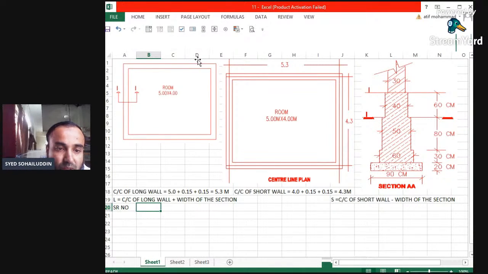So we will have some more here. First we will have serial number 1 as calculations. We will calculate all the things here.